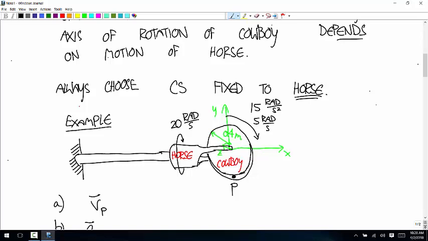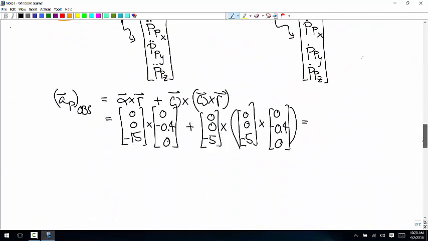So to get that direction, my thumb has to be going in the negative z direction. It can be going this way, and the angular acceleration can be the opposite direction. Then it would be slowing down. One arrow for both. Yeah, that's right. If they're the same direction, it's speeding up.